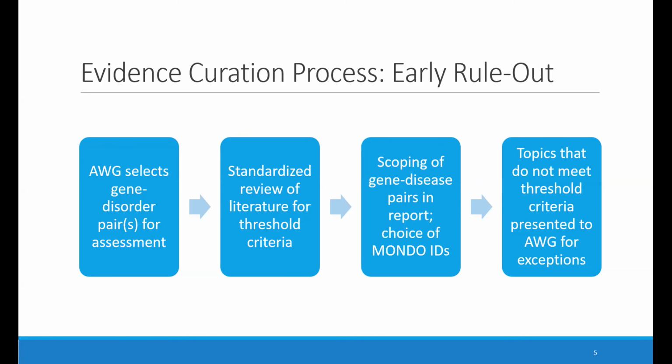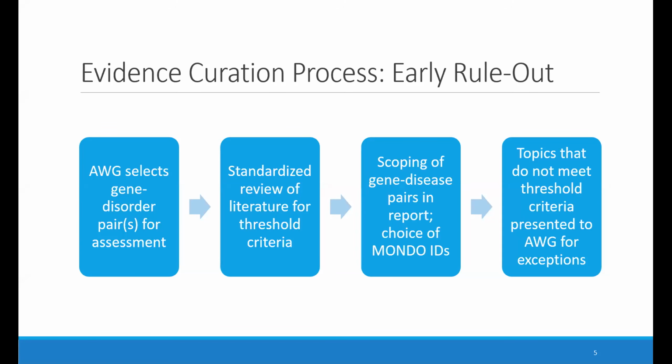We have 2 expert working groups in both the pediatric and adult settings, and those groups select gene disorder pairs that they feel are important for us to assess based on their expertise, knowledge of the field, those sorts of things. We also get nominations from the community that we consider. And then we do a standardized review of the literature looking for meeting threshold criteria for actionability, and I'll show you those in a little bit.